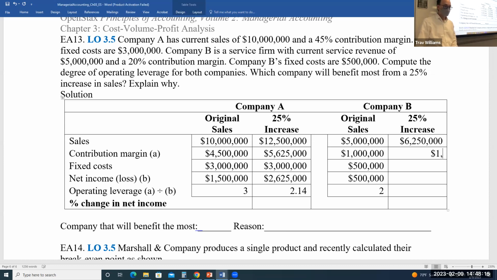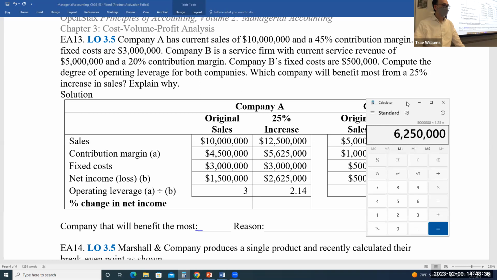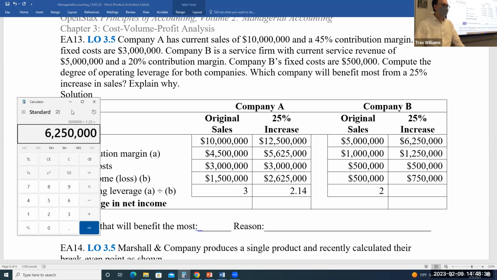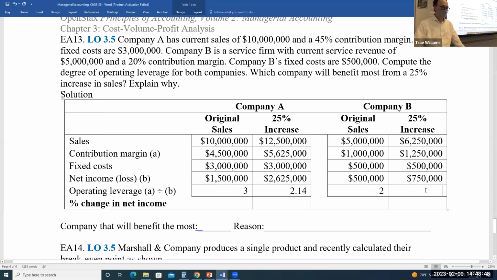Contribution margin will go up to 1,250,000. Fixed costs, we know, stay the same. Subtract those from our contribution margin, and we get a new net income of 750,000. To see our new operating leverage, again, we're going to take our contribution margin, divide it by our operating income or net income, and we'll call that 1.67.